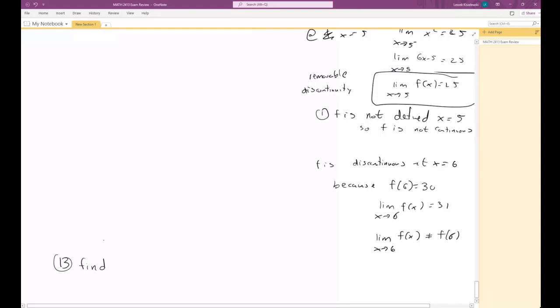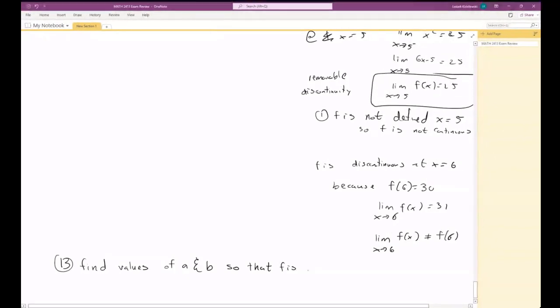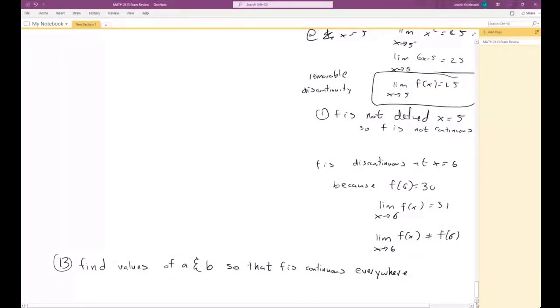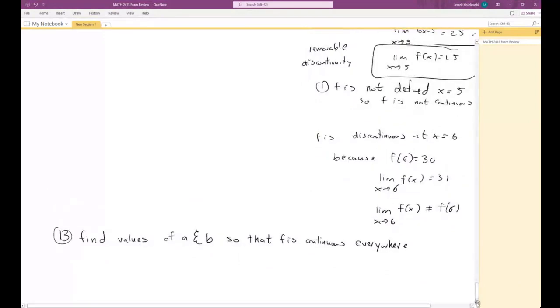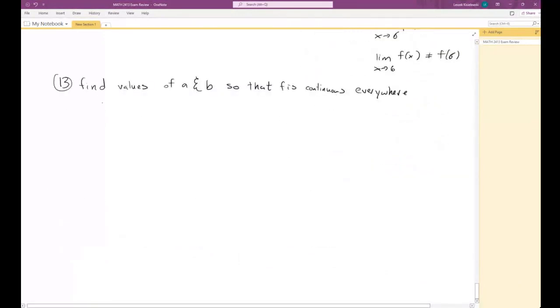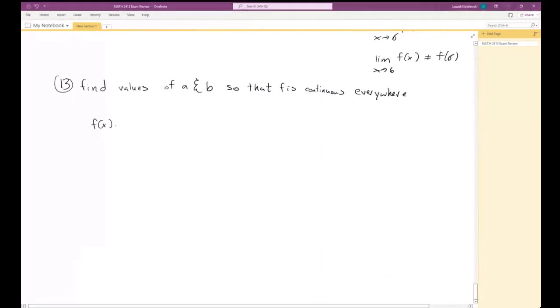All right, so here we're going to find values of a and b to make this function continuous everywhere. And I'll write down the function in just a second. All right, so here's our piecewise function.